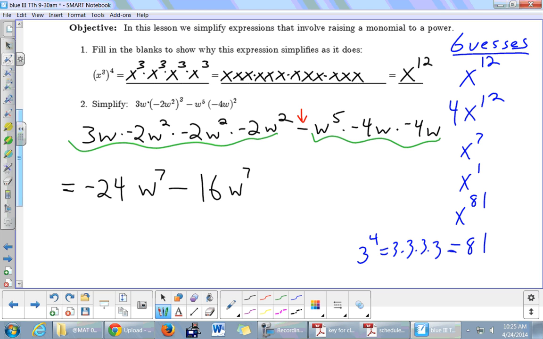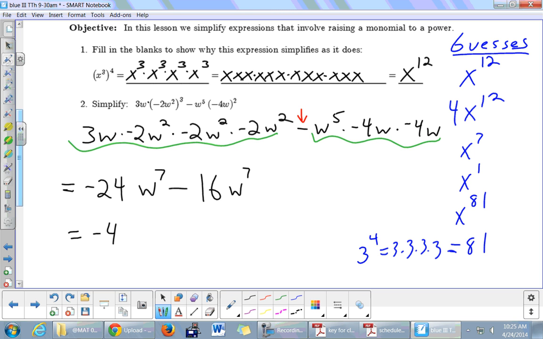And then normally this would be the final answer, but if you can combine, then you should. This is a subtraction problem, and subtraction for me is like apples and oranges. So here I have negative 24 apples. Are those apples over there or those oranges? Apples. Those are apples because it's exactly the same w to the 7 in both.